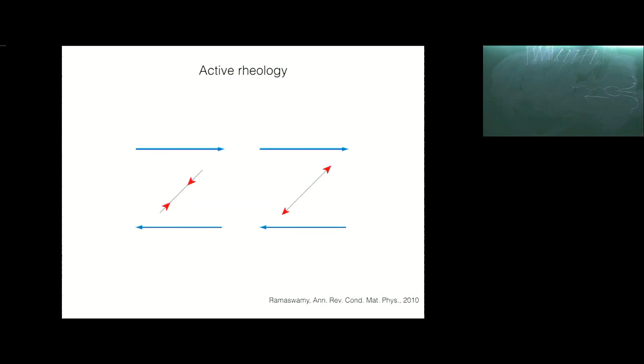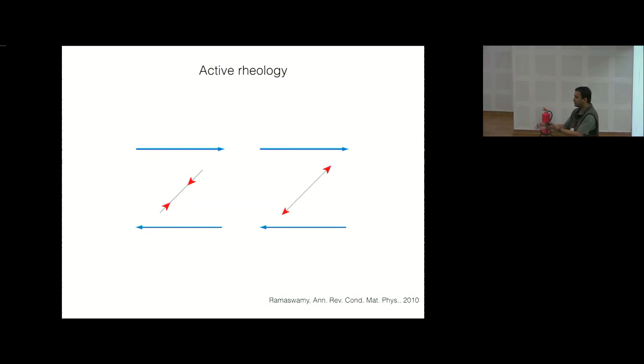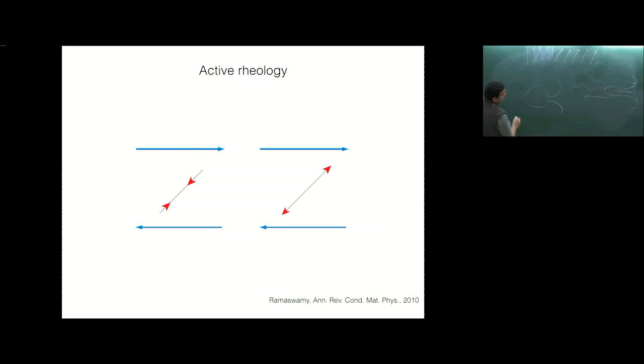But there are these organisms which do another kind of motion. So this is an algae which has a body and two flagella. What this does is it does a breaststroke, right? So this guy is pulling fluid back, and the body moves forward, right? So it's a dipole in the opposite sense.